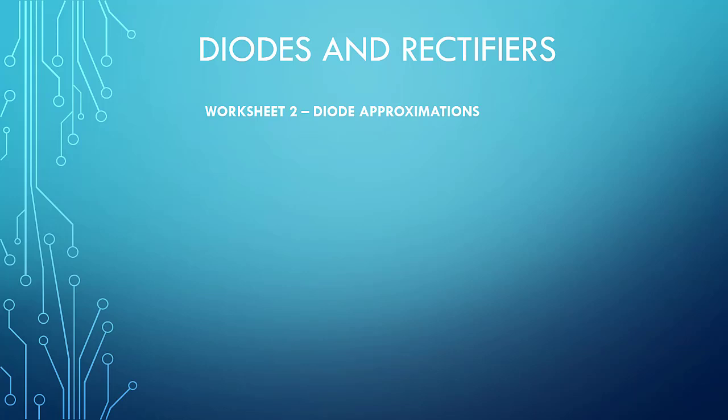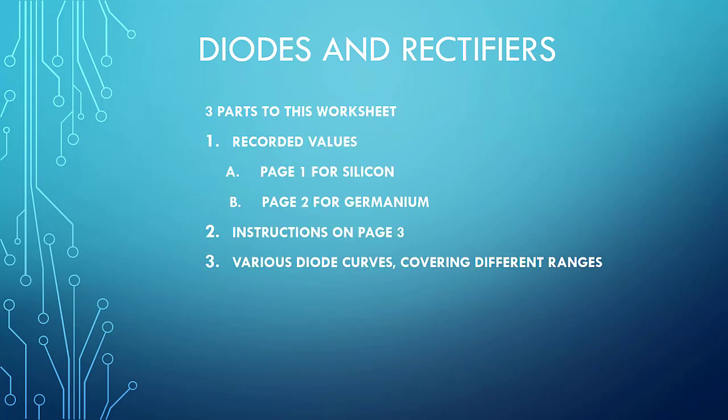So how do we go about our page here? On our worksheet, we have a couple parts. The first 2 pages are where we're going to record our values. Page 1 is our silicon values.